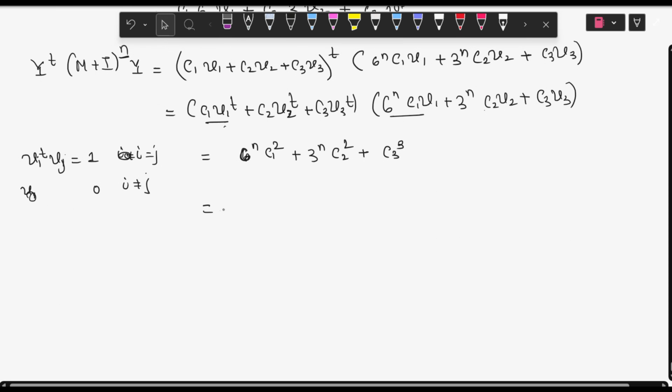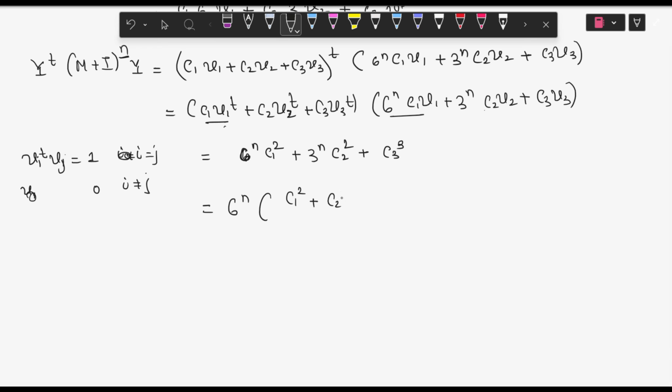Now if I take 6^n common, so I would have c1 square plus c2 square (3 by 6) whole to the power n plus c3 square over 6^n, right? So this is the value of y transpose (M plus I)^n of y.